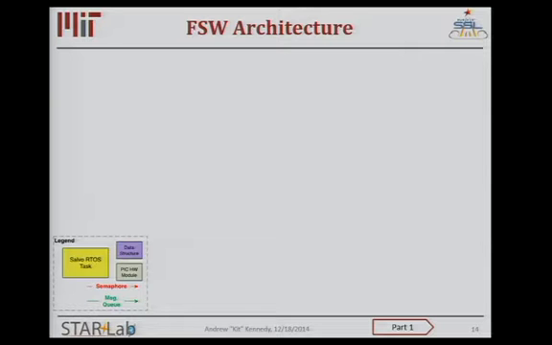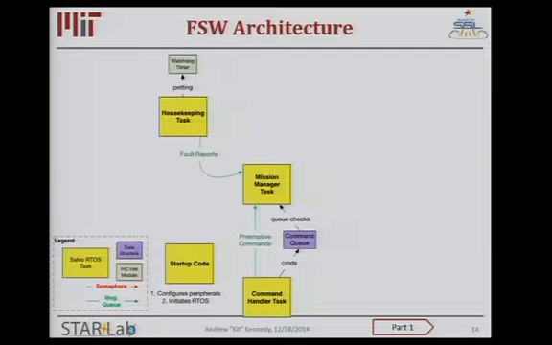And the way our flight software architecture looks at this point, I'll just step through. This is a diagram that includes a lot of our tasks in the flight software. We have a central set of tasks that handle the high-level management of the spacecraft.